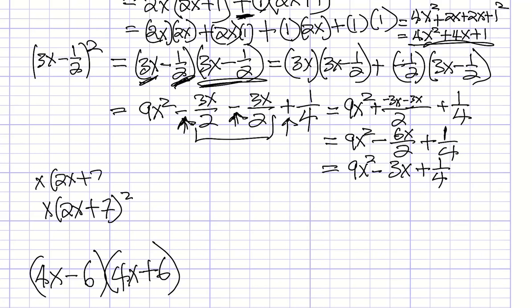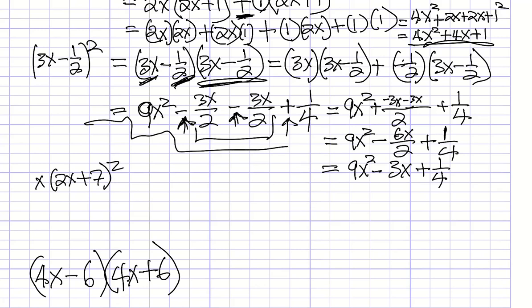2x plus 7 all squared. Okay, so we clear this one. Okay, so we're done with that. And then we'll do the next one.